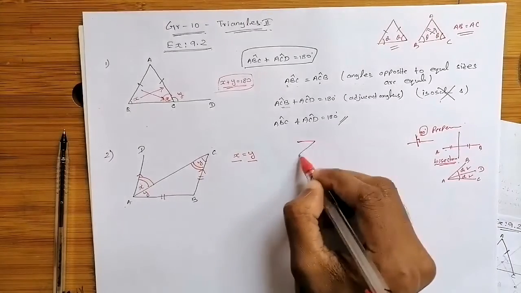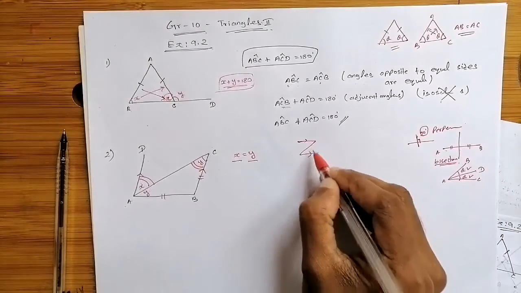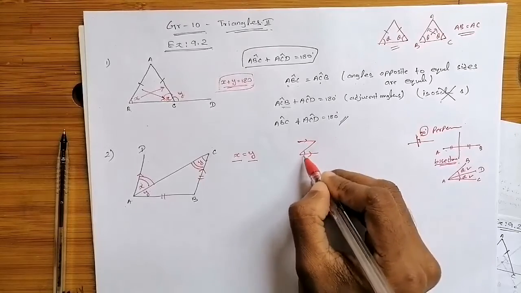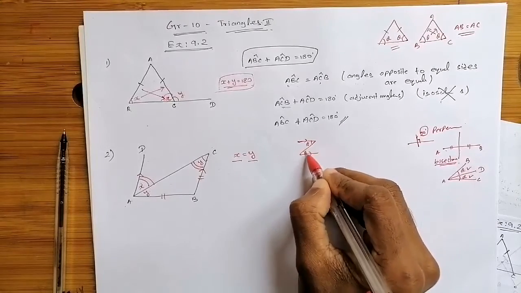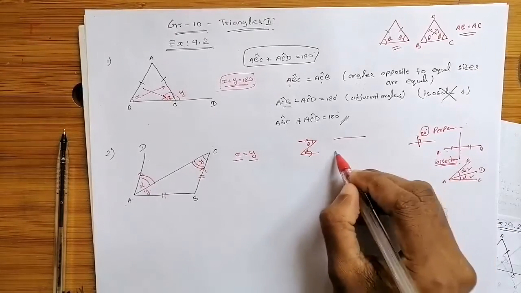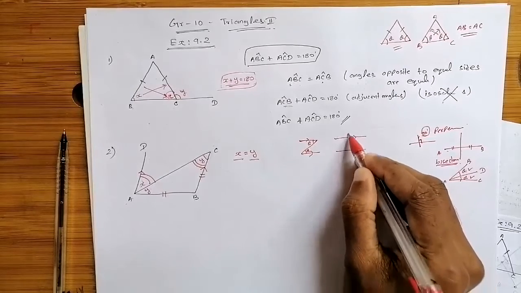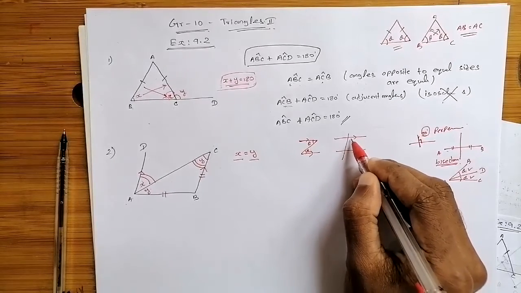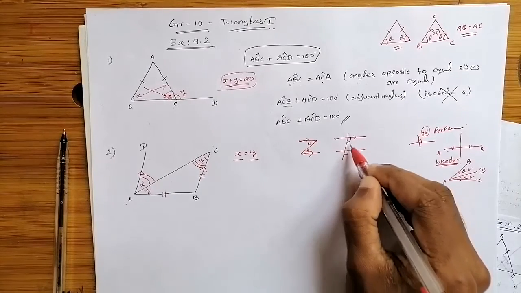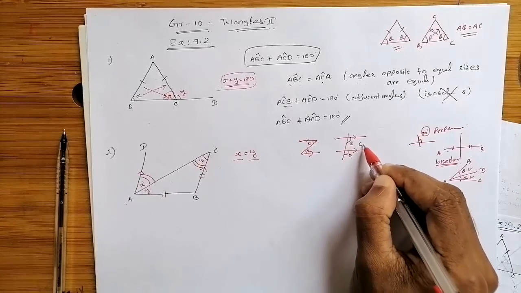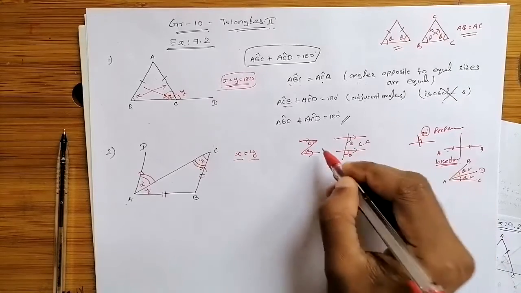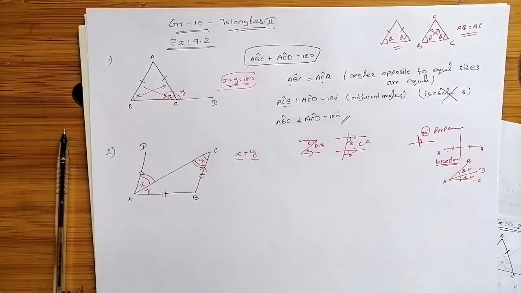Yes, we call them alternative angles. If a transversal intersects parallel lines, the Z-shaped angles are equal, alternative angles. The F-shaped angles are equal, corresponding angles. This is alternative angles.